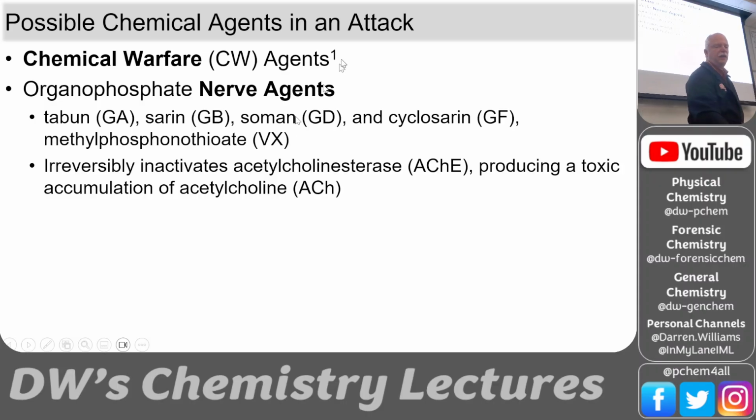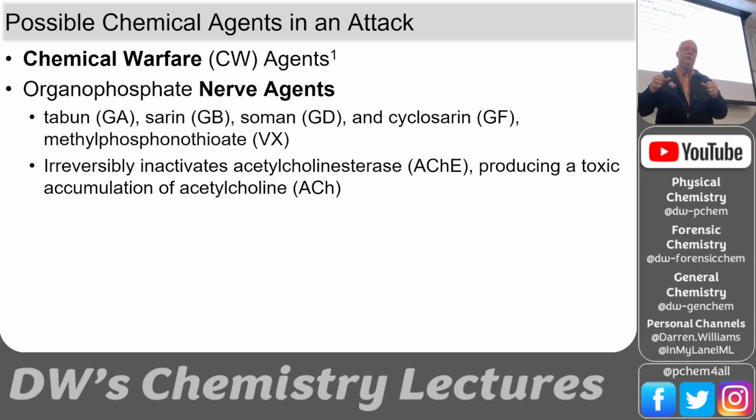What these do is they inactivate acetylcholinesterase. Acetylcholine is one of the neurotransmitters from nerve cell to nerve cell. It comes out of one nerve cell, goes to the other, and then you have to be able to turn that signal off. This enzyme breaks that molecule and turns off the signal. Think about an electrical signal: you can turn it on, but you have to be able to turn it off too.